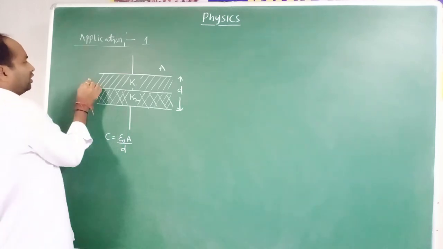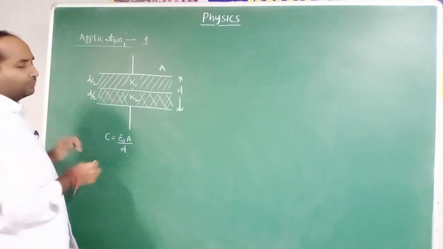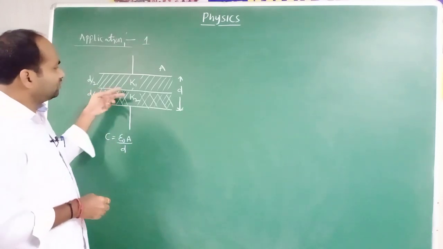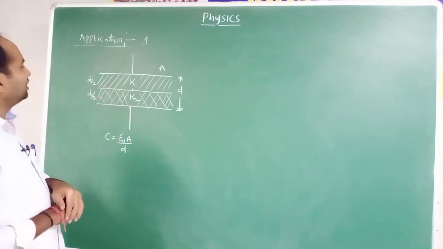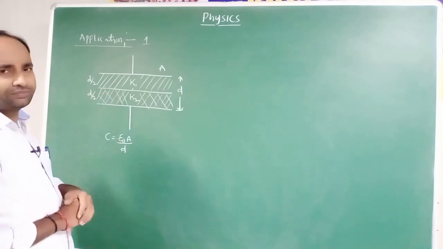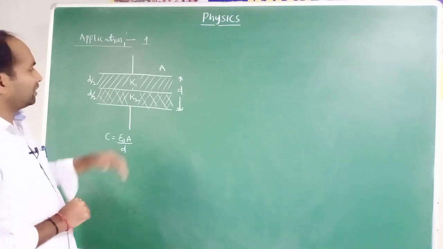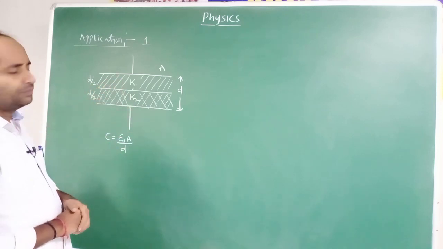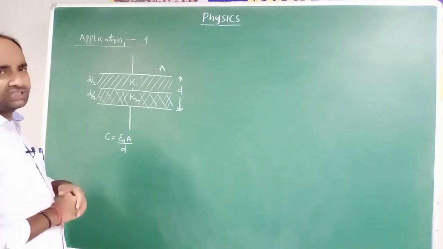The thickness of the first one is D by 2, and the second one is also D by 2, inserted between the plates such that the space is completely filled. Now what is the effective capacitance in such a condition?